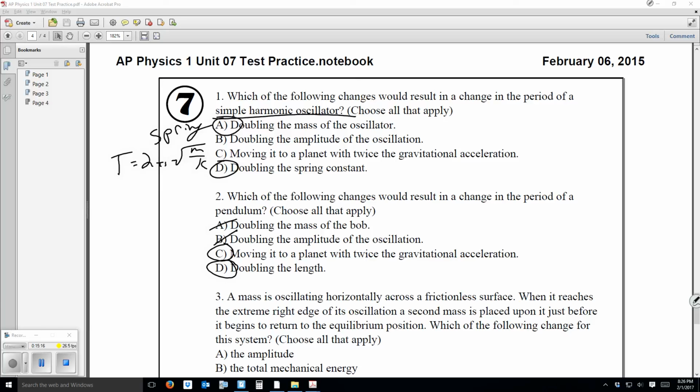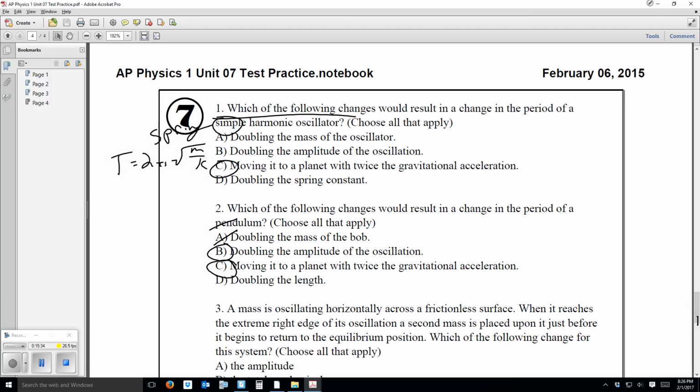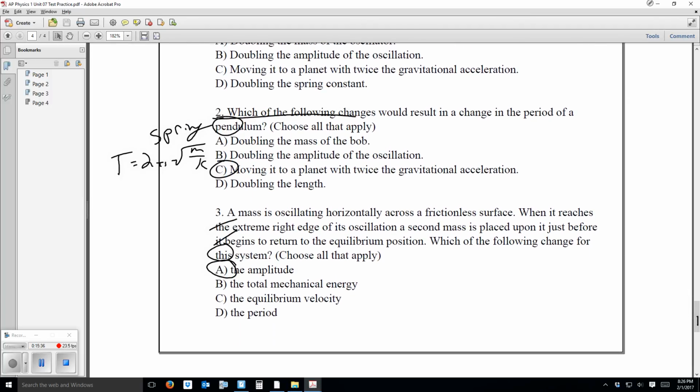And last, we've got a mass oscillating horizontally. When it reaches the extreme right edge, a second mass is placed on top before it returns. Which of the following change for this system? And this is kind of what I was talking about at the very beginning, about how our spring is only potential energy and our mass is only kinetic energy.